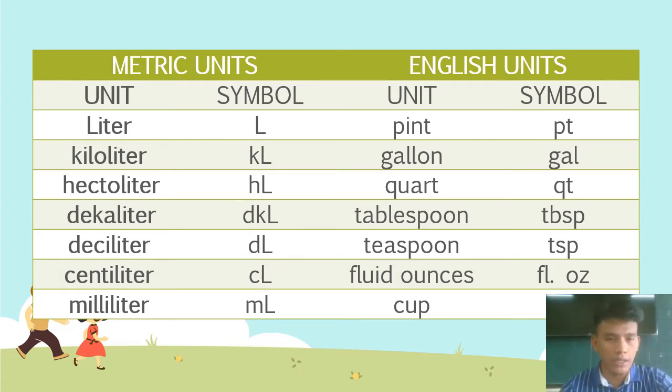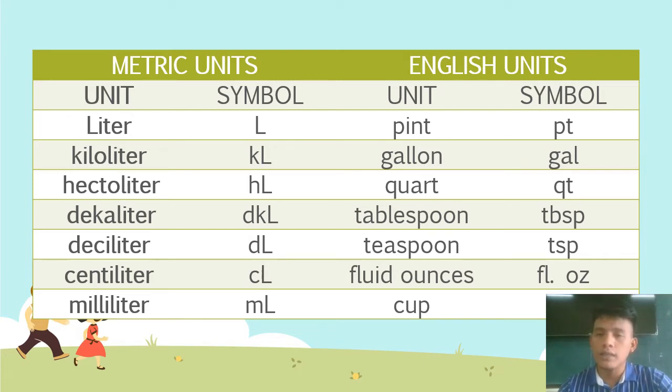Units for volume in metric are liter with the symbol L, kiloliter KL, hectoliter HL, decaliter DKL, deciliter DL, centiliter CL, milliliter ML.